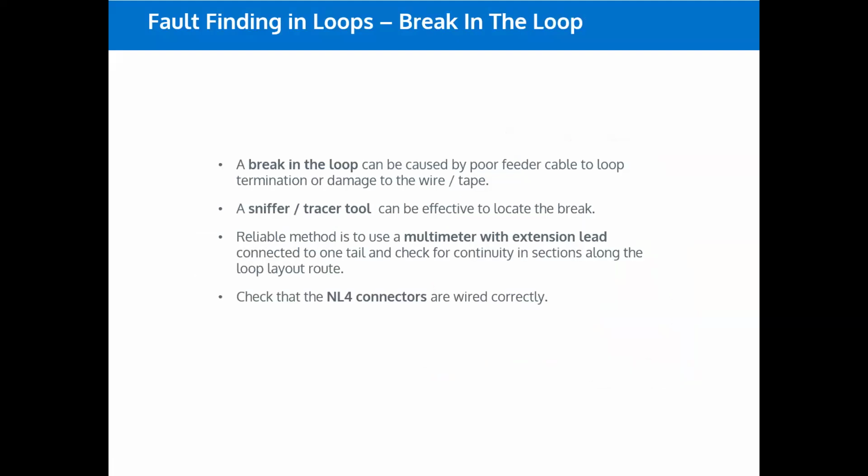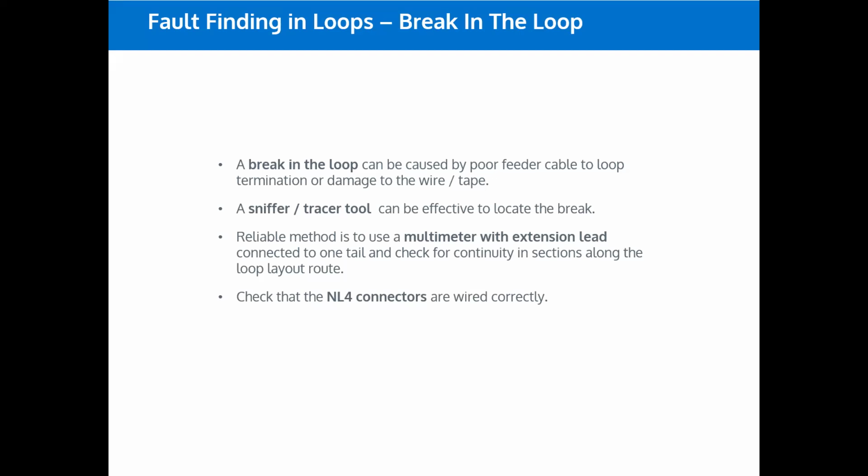First of all, we're going to talk about what to do when you encounter a break, a cut in the loop. It can be caused by poor feeder cable to loop termination connections, so that would be the first point of call to check. Check the terminations, and check the NL4 connectors connected at the back of the driver.